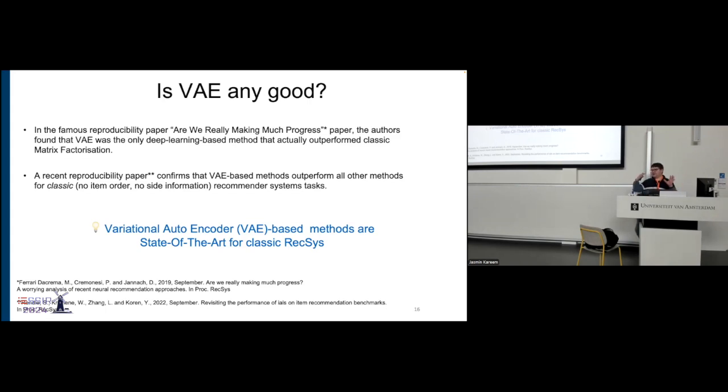By classic, I still mean the matrix completion problem, right? So we still want to reconstruct ratings for a user. So this remains a very good model for many tasks.